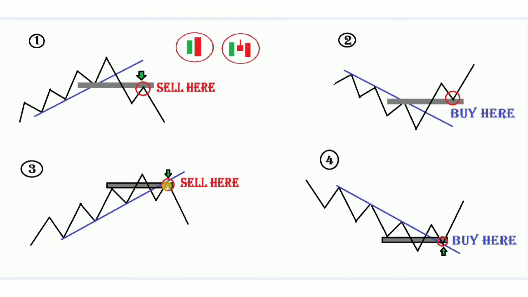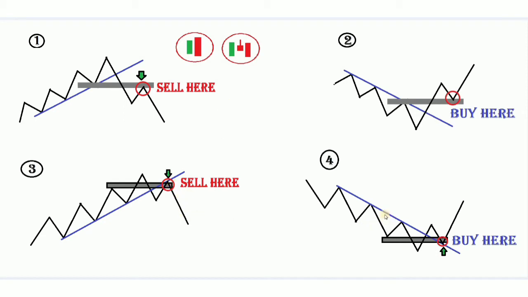Then there is even a fourth one. It has formed a head and shoulders pattern here. For those of you who don't know, the head and shoulders pattern is a reversal pattern. It has formed a head and shoulders pattern here, showing that this will be heading downward. So this is where we look for a bearish presence, something that shows that the bears are in power. Then we sell here.